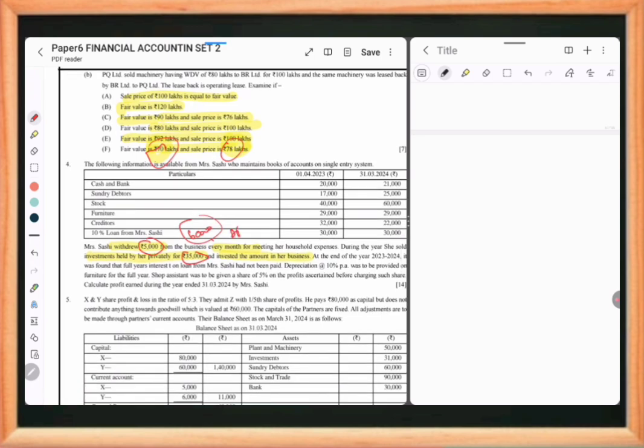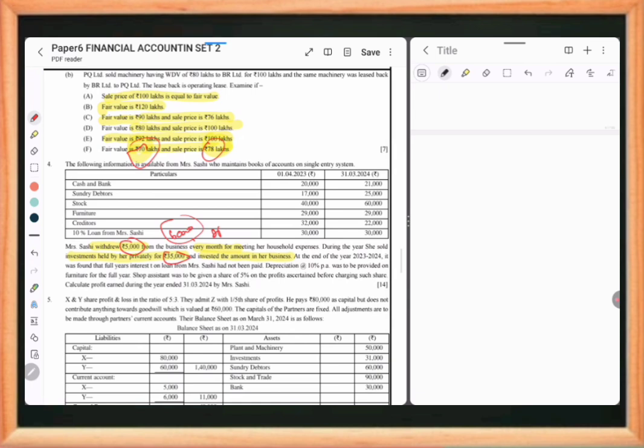So 60,000 rupees drawings. 35,000 is additional capital. And then at the end of the year, it was found that the full year interest on loan has not been paid. So interest is to be shown as outstanding. And then depreciation is to be provided on furniture for a full year at 10%. The shop assistant was to be given a share of 5% of profit ascertained before charging.